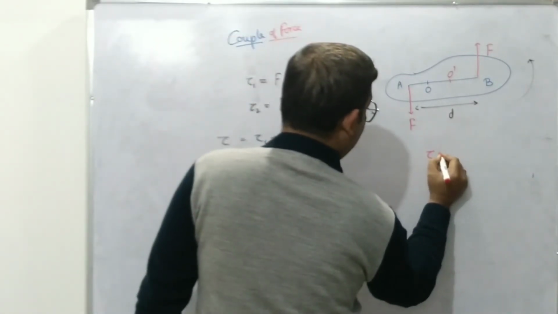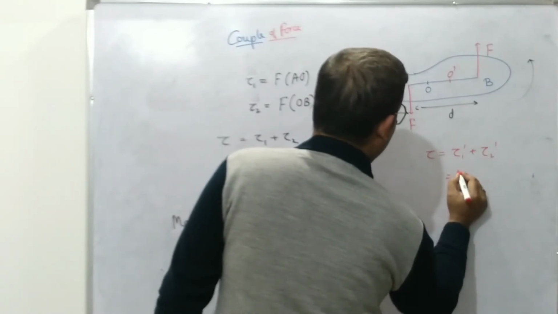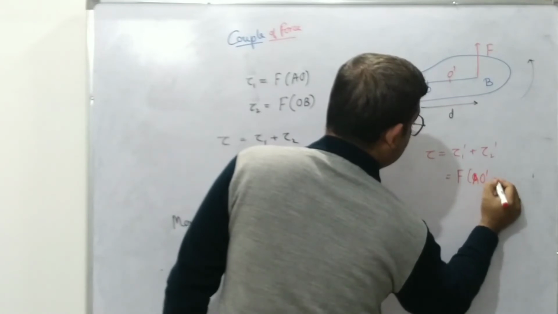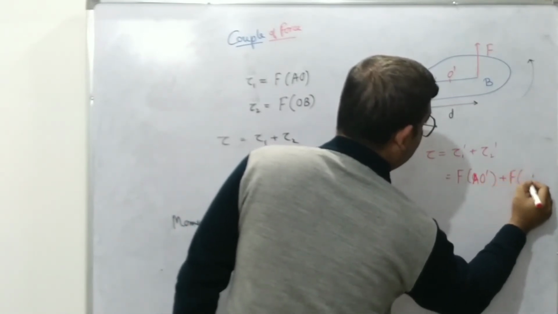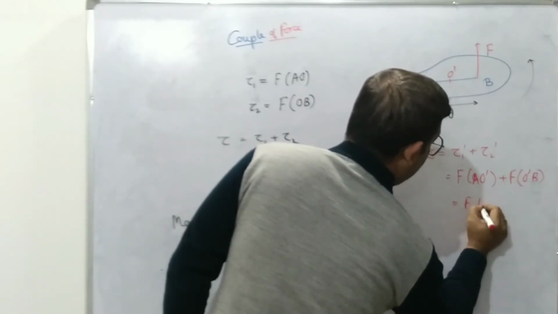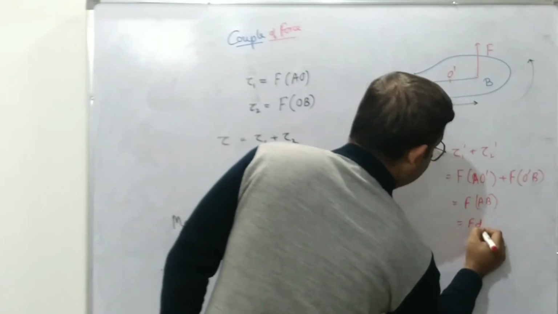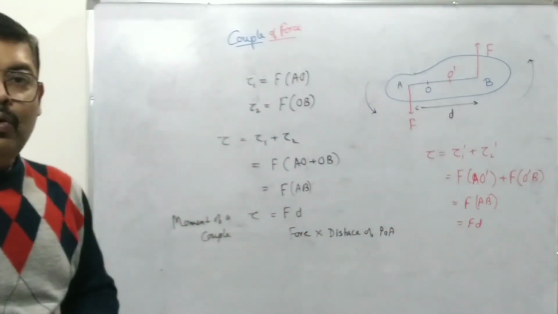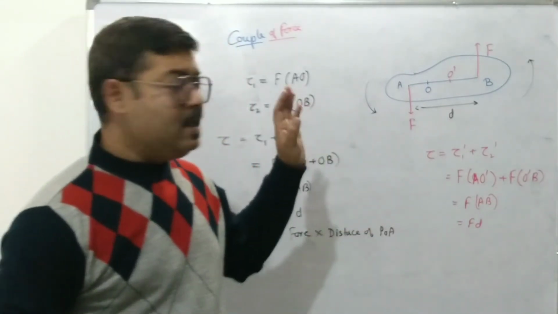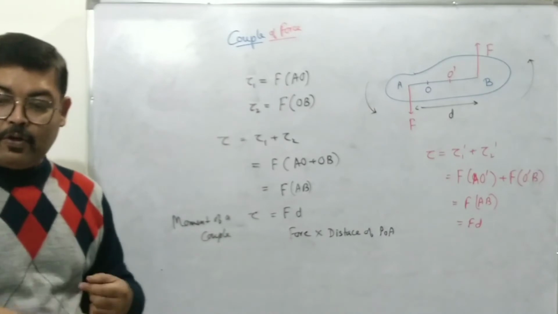It will be tau equal to tau 1 dash plus tau 2 dash, which is F times AO dash plus F times O dash B. The sum will still be AB, which is F into D. So whatever the choice of axis, it is immaterial for the moment of a couple, or the turning effect of a couple.